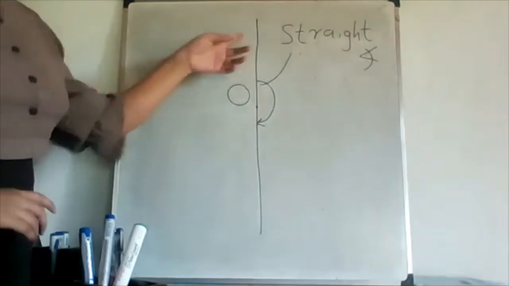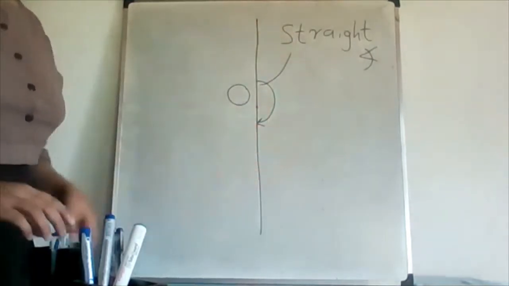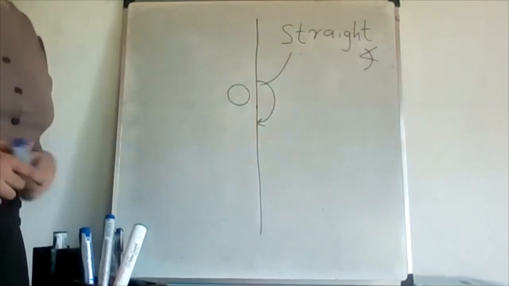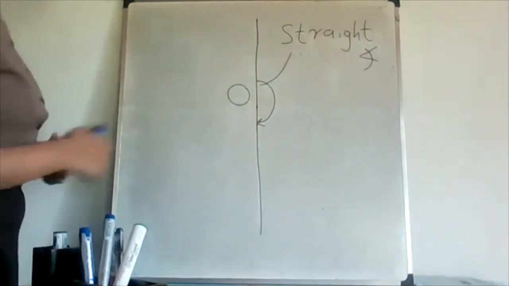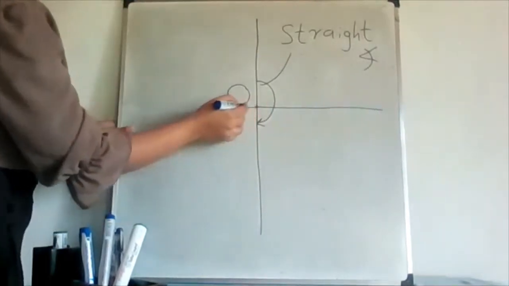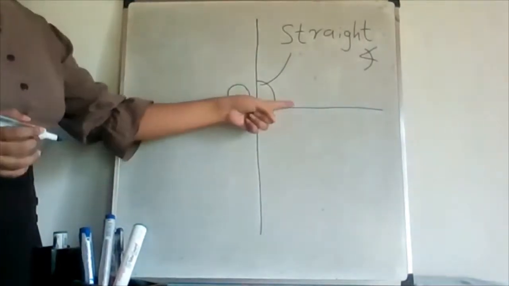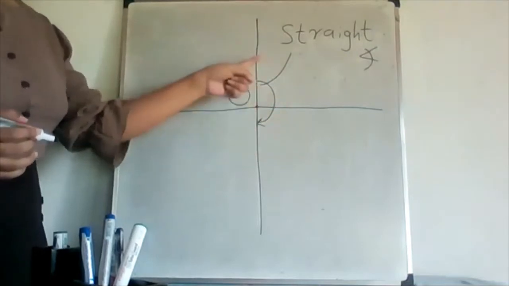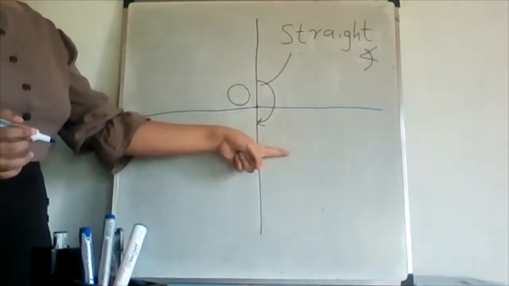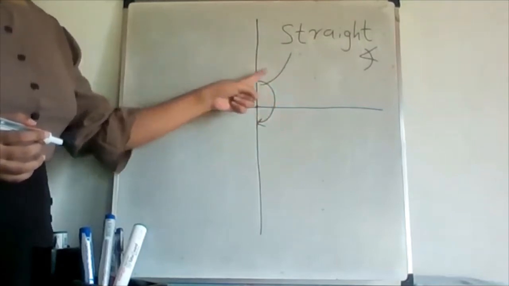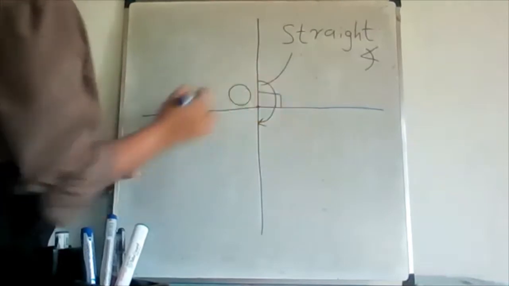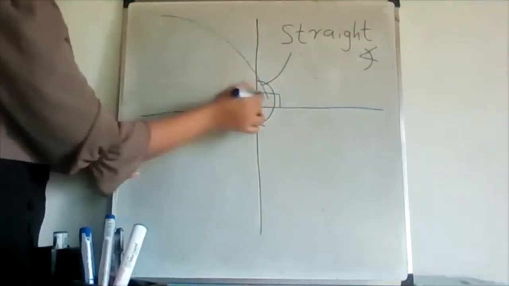Okay, so now this is a straight angle and we are going to divide this straight angle into two equal halves. Now by this line we have divided this straight angle into two equal halves, and this one half can be called a right angle.